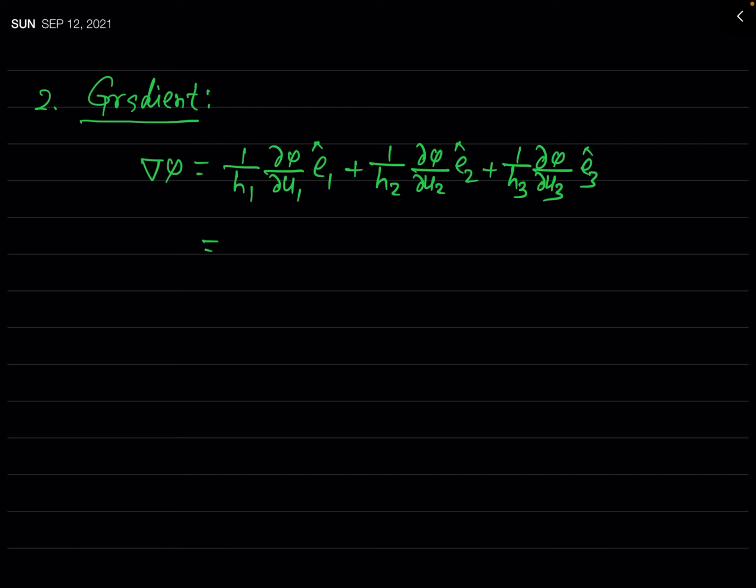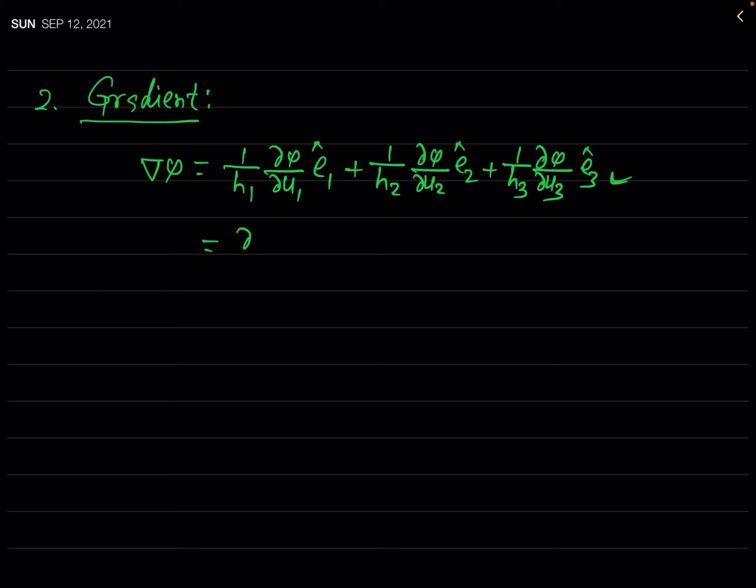Now since h1 is this result, we will apply it particularly for the cylindrical coordinate system. You can see h1 is 1 and here u1 is equal to rho.